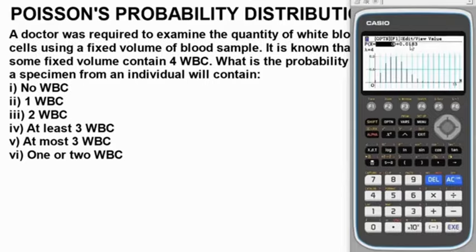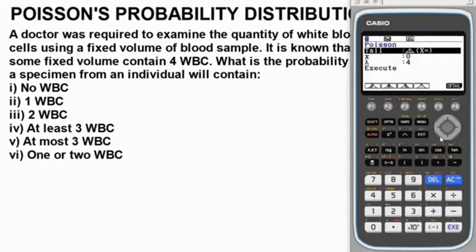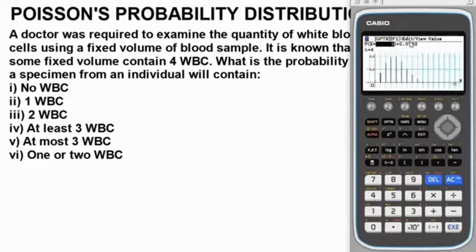Okay, so this is the probability that a specimen from an individual will contain no white blood cells. Now to get the probability that a specimen from an individual will contain 1 white blood cell, which is the next one, all you have to do is to go to exit. Okay, so remove this 0 and put 1. Then execute. It's as simple as that, guys. So what we have is 0.0732.